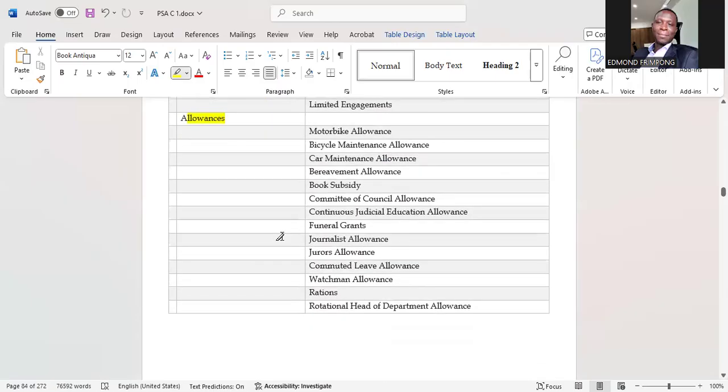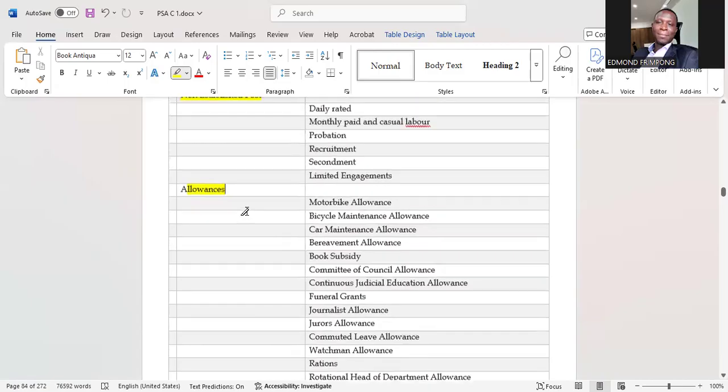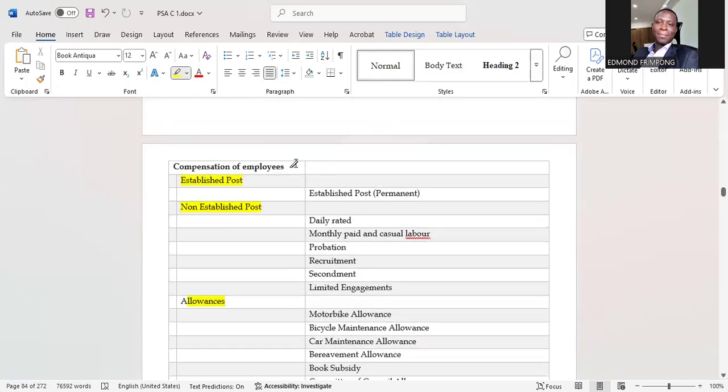Then under allowances, we have any form of allowances paid to labor. It could be motor bike allowance, car maintenance allowance, bereavement, subsidy, commitment, funeral grant, journalist allowance, jurist allowance. In fact, any form of allowance will be under where? Compensation of employees.